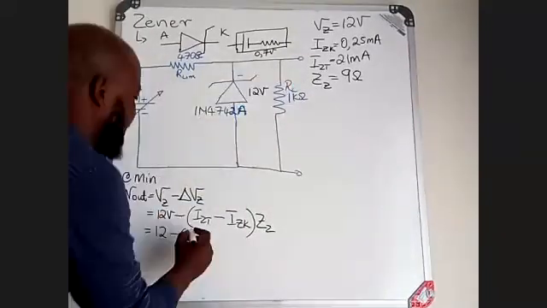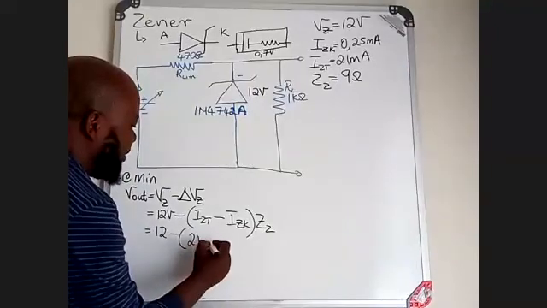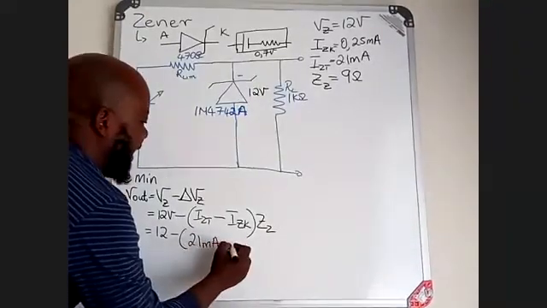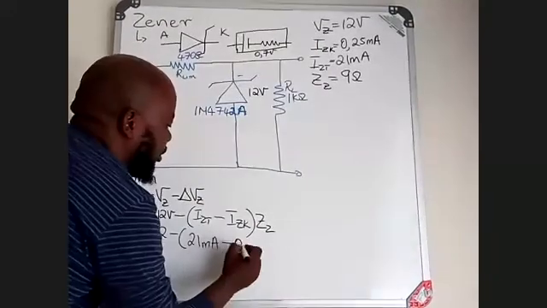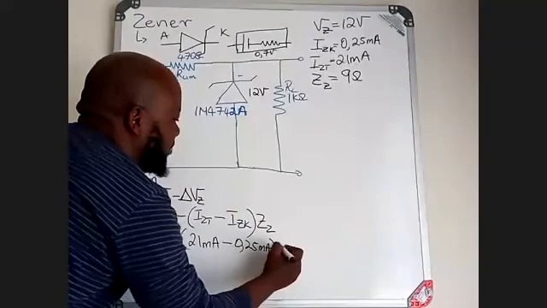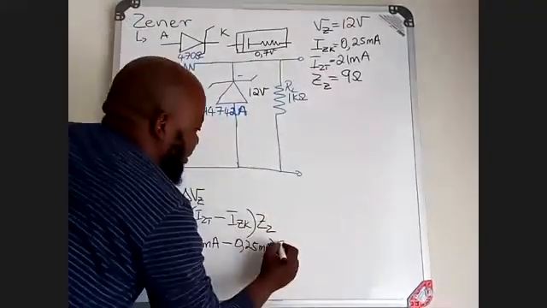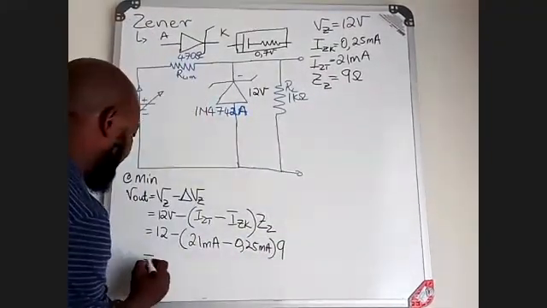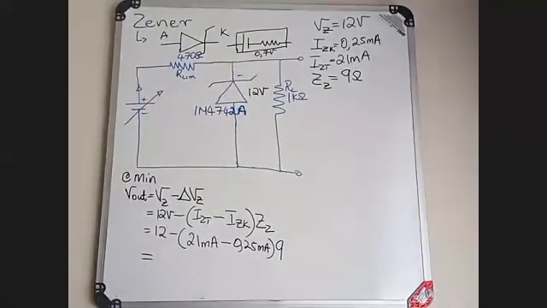Your ZT in this case is 21 milliamps minus your 0.25 milliamps multiplied by 9. Let's use the calculator and see what will be the result.